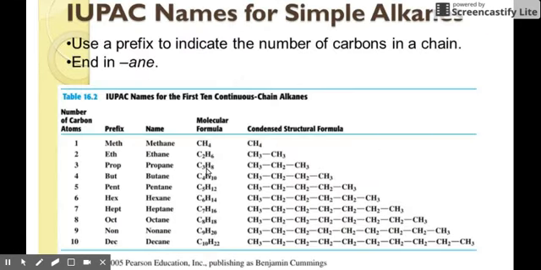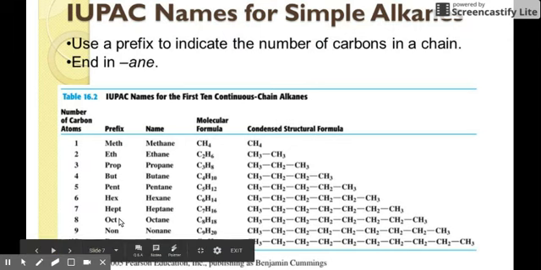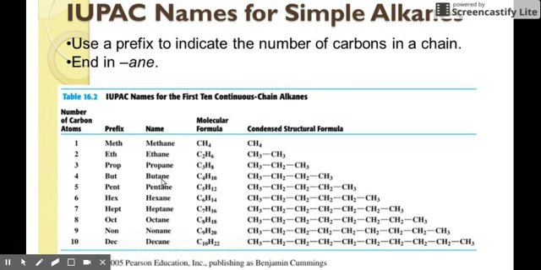And just a summary for that. The prefixes you're going to use from 1 to 10 are here. I want you to get your notebook and copy the prefix associated with the number of carbon atoms from 1 to 10. And be familiar with this, especially if the words are new to you.